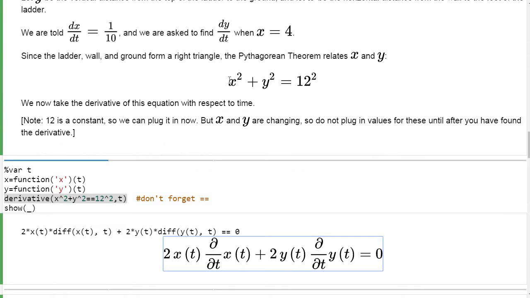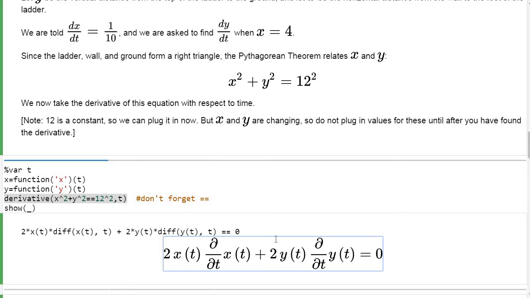And hopefully you can see the chain rule in that. Remember, x and y are both functions of t. This is the derivative with respect to t, not x. So the chain rule says take the derivative of the squared, which is 2 times whatever, 2 times x in this case, multiply by the derivative of the inside function. Remember, x is a function. This is composition. y is a function.